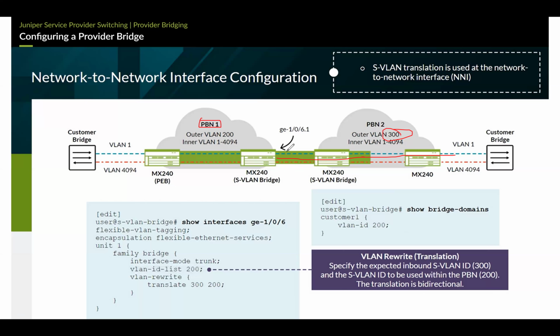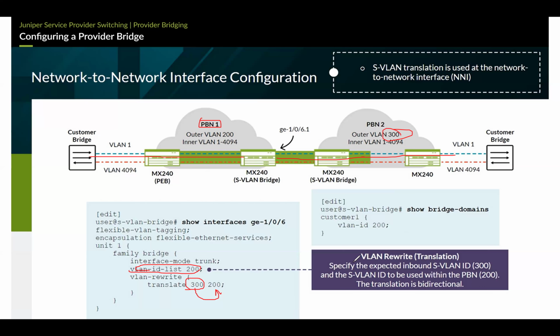So we need to rewrite this one. If the inner VLAN 300 comes in, that VLAN will be translated to VLAN ID 200, and this VLAN ID is already allowed and passed towards the customer. That means they are taking one VLAN and translating it to another VLAN.